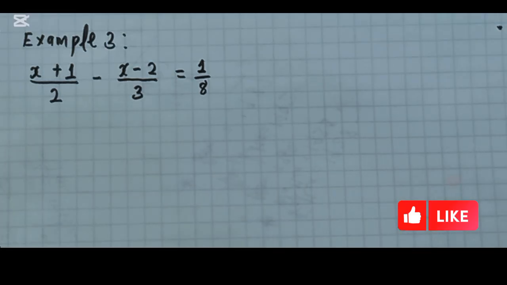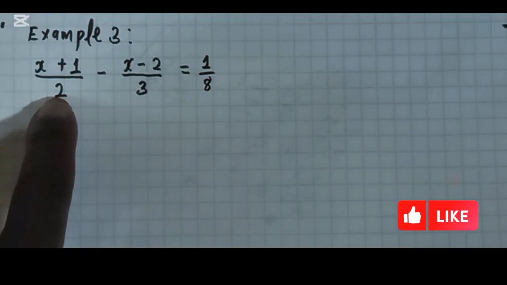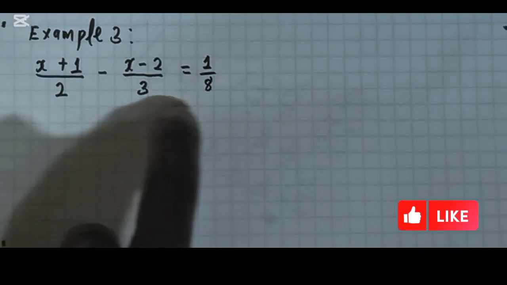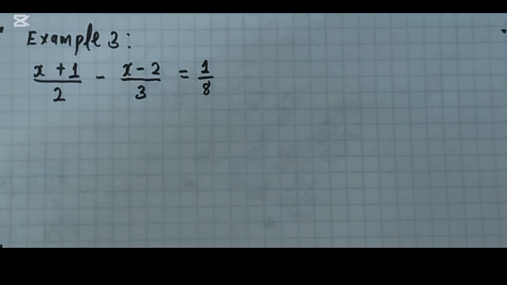We're going to multiply all the terms in this equation by the LCM of the denominators of these terms, that is 2, 3, and 8. The LCM of 2, 3, and 8 will be 24.